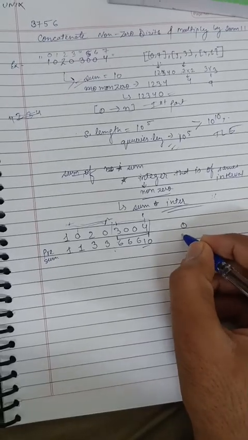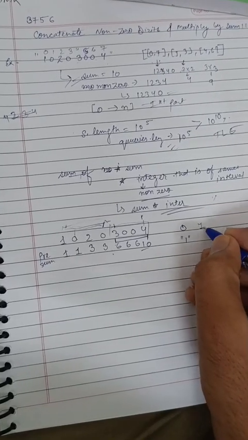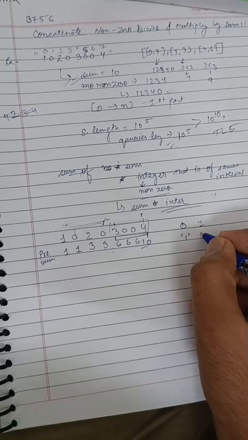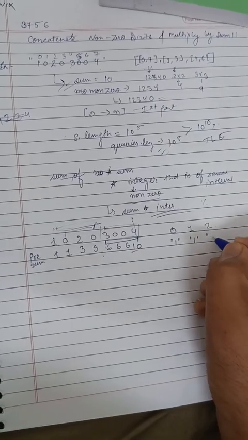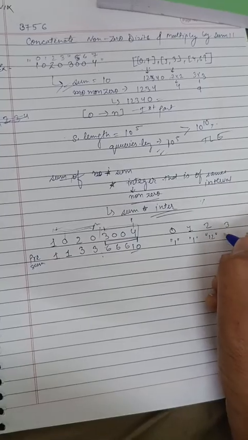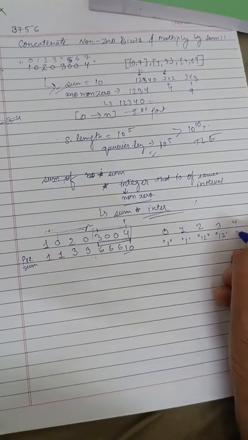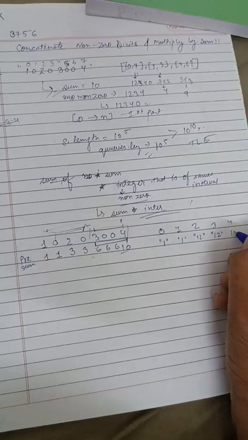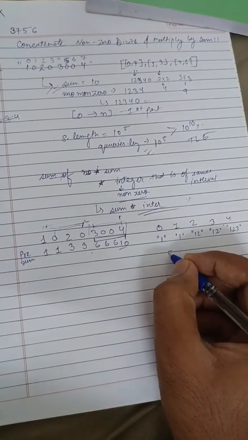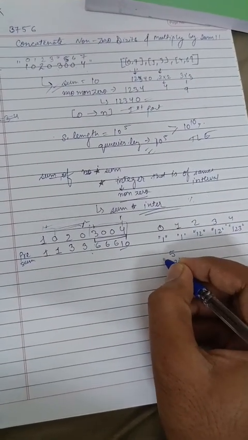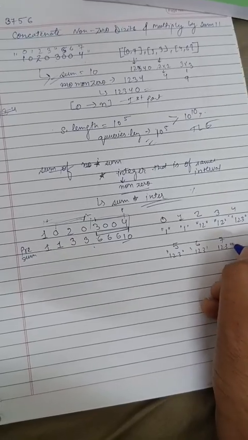Previously I was thinking I would make a prefix of the string. Key 0, the string will be 1. At index 1 there will be 1 only, because we have to take the non-zero part. At index 2 it is 1 2, at index 3 it is 1 2 only, at index 4 it is 1 2 3 in string form, at the 5th index 1 2 3, at the 6th index 1 2 3 again, and at the 7th index 1 2 3 4.